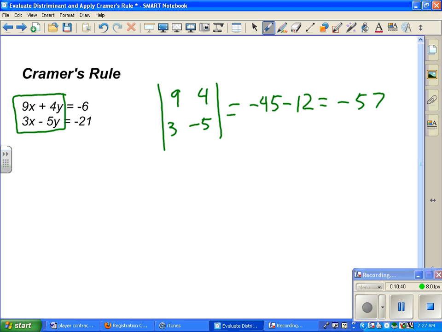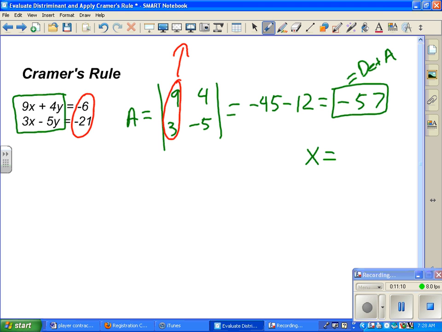Now, to figure out a value for x, to figure out where these things intersect with x, you need this. They call this the determinant of A because they call the coefficient matrix matrix A. Okay, so what you need to do is take this original matrix, and if you want to find x, you're going to take out the x column, and you're going to plug in the column of answers that you have.